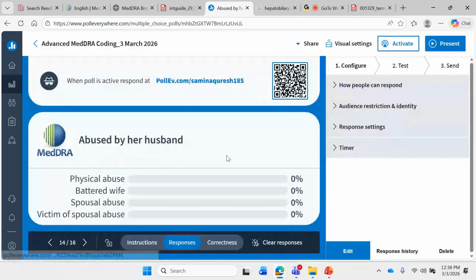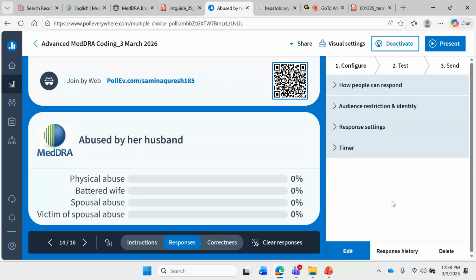Okay, number 14. This is important. Let me activate this. This is, again, going to be correct by those of you who are familiar with how the hierarchy works, and you check the hierarchy. Abused by her husband. How do I capture that? This is a very tricky one.